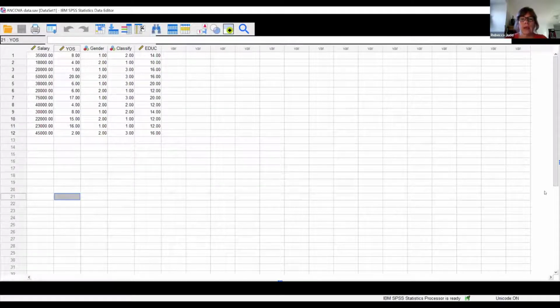So this will be the data that we'll be using to run an ANCOVA. All right. We're going to look at salary as it relates to gender and education.